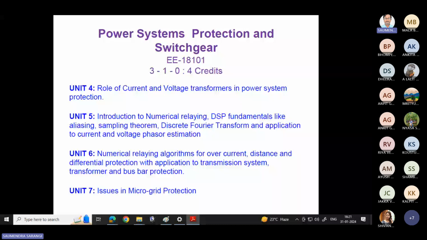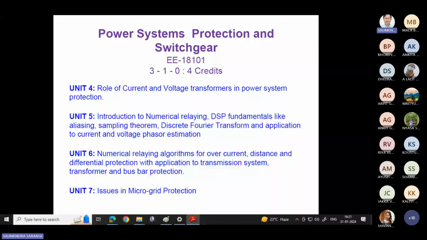the use of the CTPT in the third semester. In this protection subject we will see how the current and voltage transformer will be utilized for the protection system. Then Unit 5 will cover numerical relaying and how to convert the analog signals to digital phasors, or how the analog signal is converted to digital data.